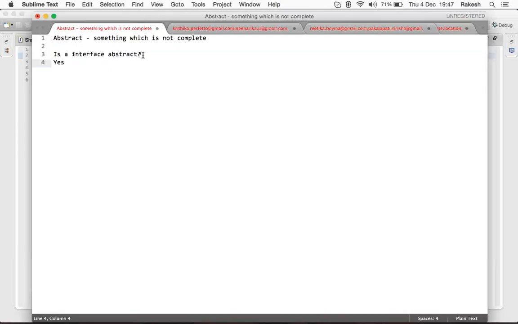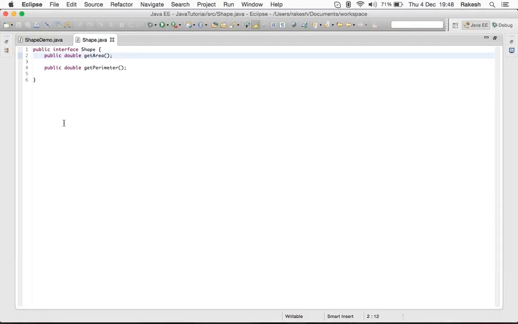Okay. So in Java, there is a word called abstract. You mark something as abstract if it is not complete. For example, I can mark this method as abstract, public abstract. The word abstract indicates that this method is not complete. That means it does not provide an implementation.